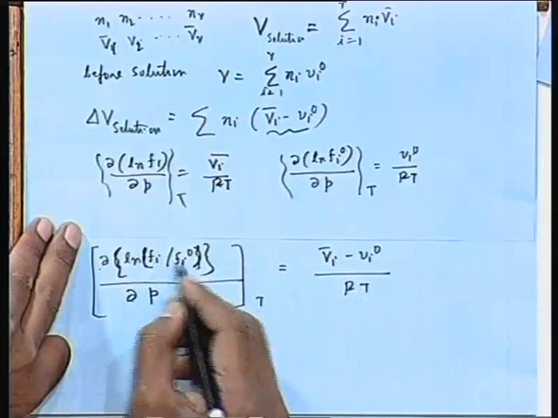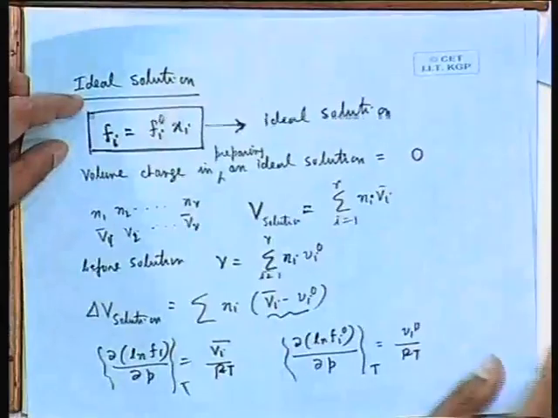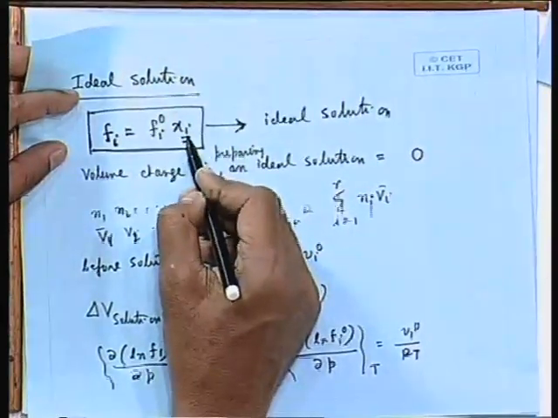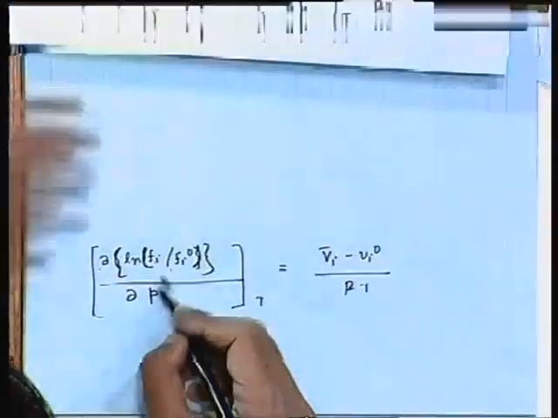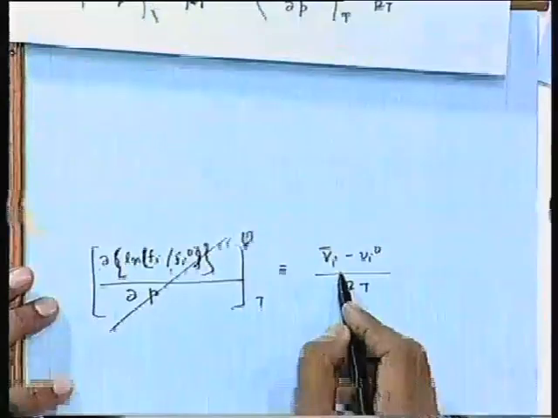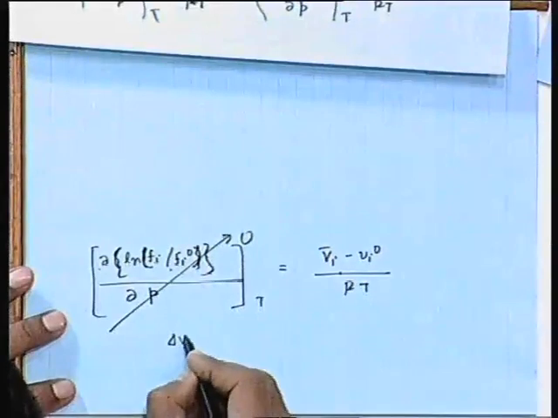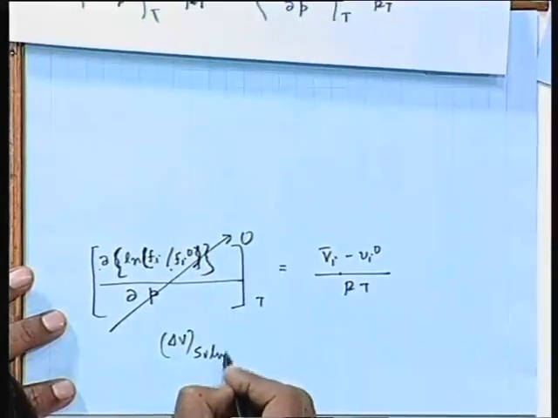Now you see Fi by Fi 0 is Xi, which is constant at constant composition. So therefore this is 0, so therefore del V solution is 0.